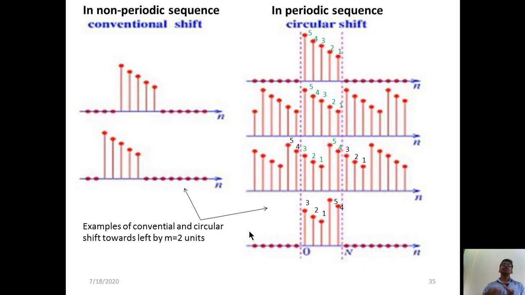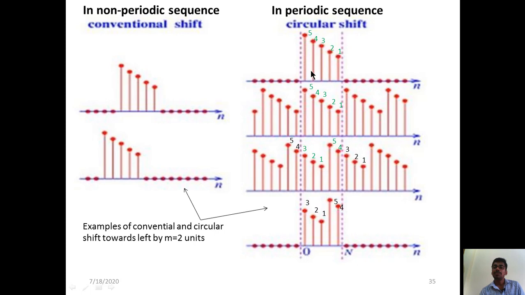Before we move to the third property, that is the circular convolution property, we'll see what is called a circular shift. In a non-periodic sequence, the conventional shift that is observed looks like this. For example, suppose this is a sequence which is to be shifted towards left by 2 samples, then it will look like the lower one, this.